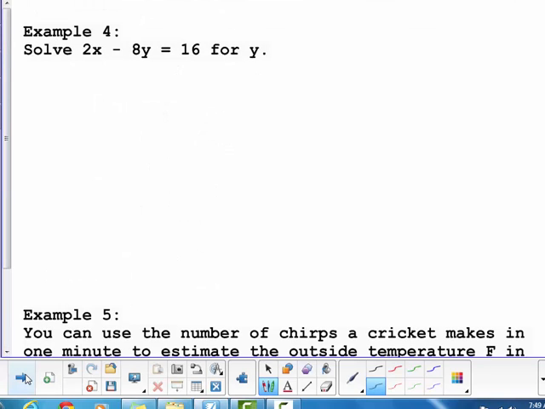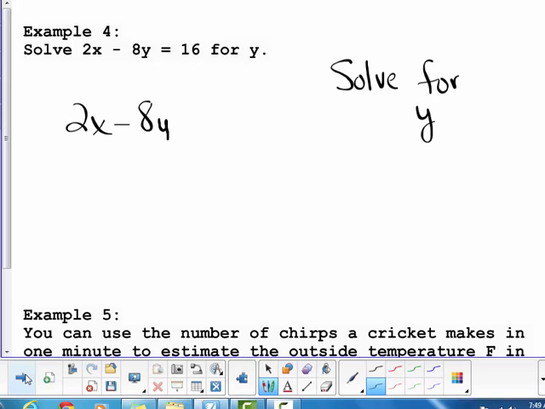Let's do another example. Oh, this looks like a linear equation. 2x minus 8y equals 16, and I'm solving for y. We spent months solving for y in pre-algebra. First thing we do is subtract 2x from both sides.